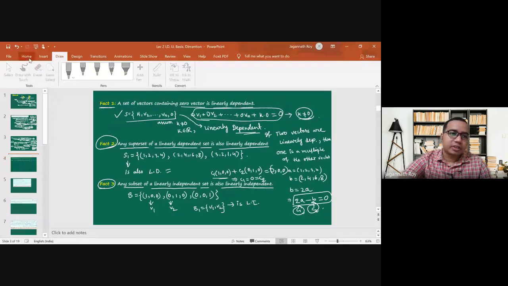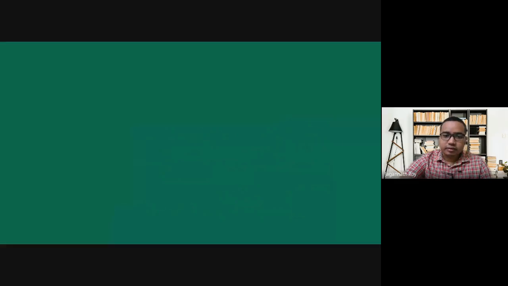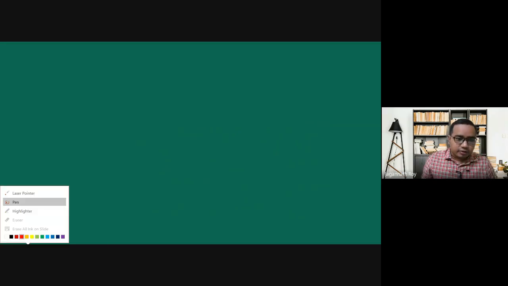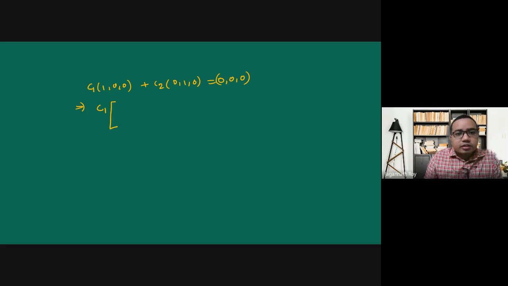Okay, let me explain. The thing is, we are selecting only two vectors. C1 into (1, 0, 0) plus C2 into (0, 1, 0). We are taking this linear combination, so this is actually (0, 0, 0). If you take the system of linear equations, the row vector can also be written as a column vector.